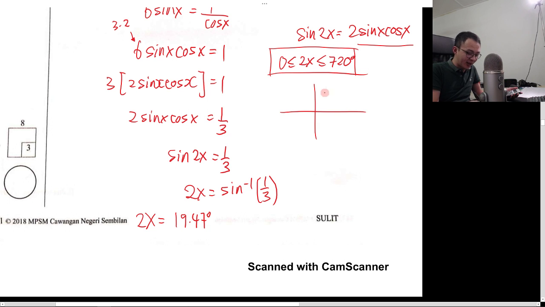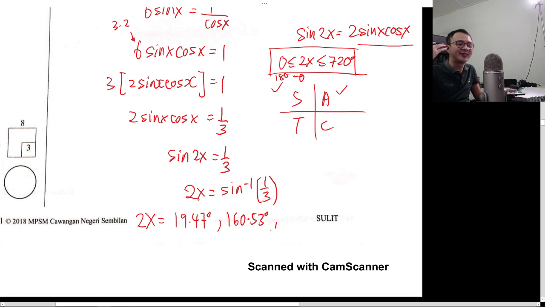And because of add sugar to coffee, you know sine will be positive, because 1 over 3 is positive, right? Sine is positive in the first quadrant and second quadrant. Second quadrant is 180 minus theta, right? So the second answer is just 180 minus my first answer. So it will be 160.53.